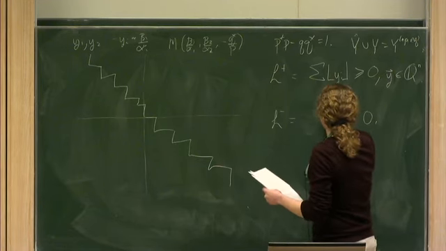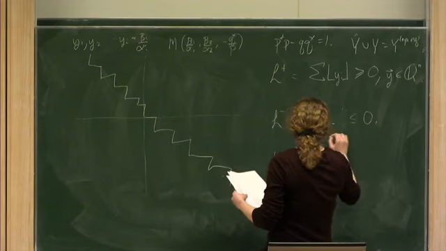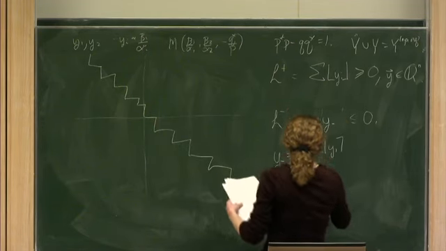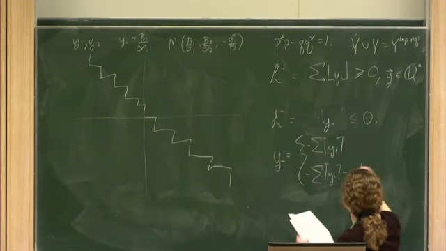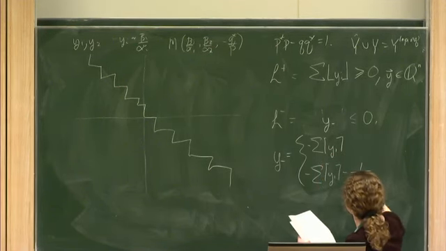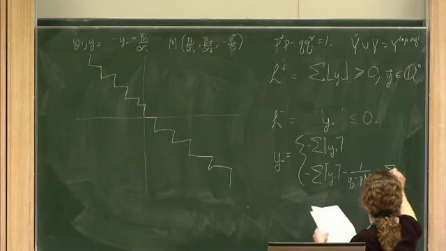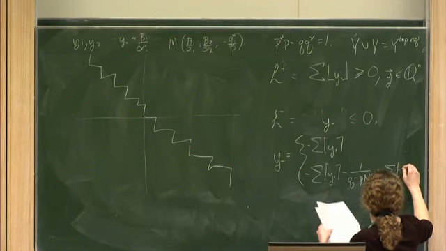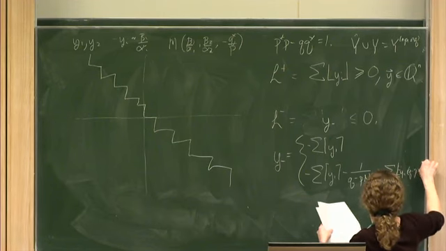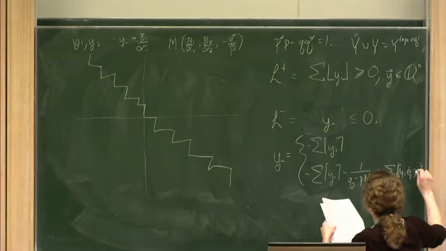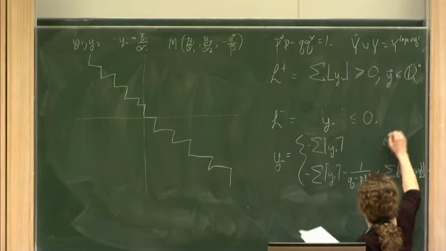Okay, so let's see, y minus, where y minus is minus 1 over, and this is if, is equal to 0, and this is otherwise.